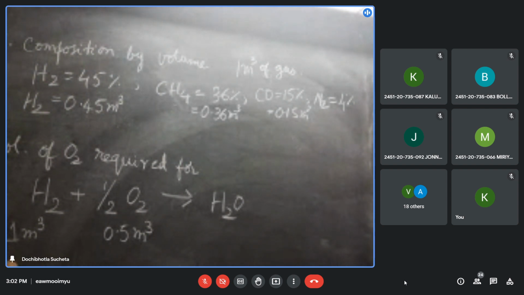In the fuel, I have 0.45 meter cube of hydrogen. It requires how much oxygen?